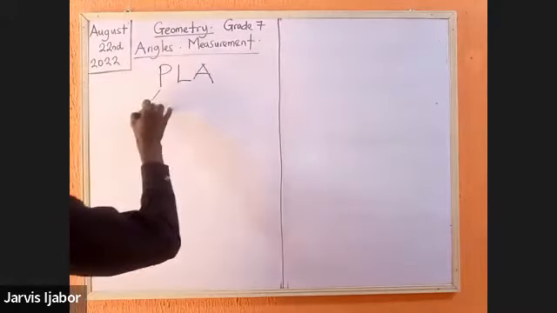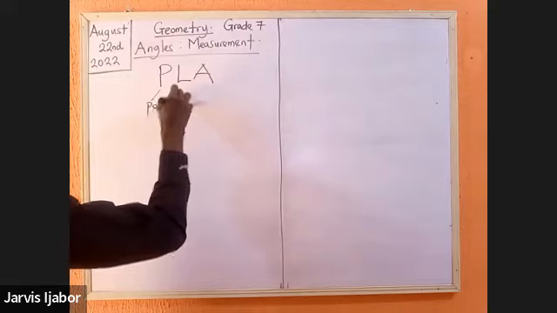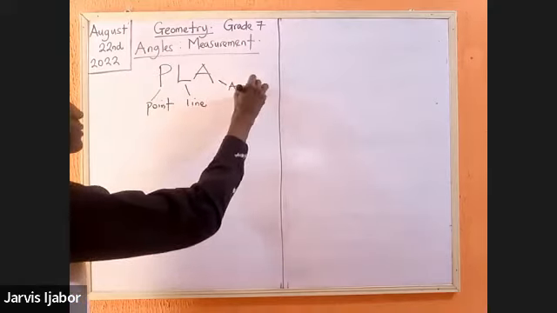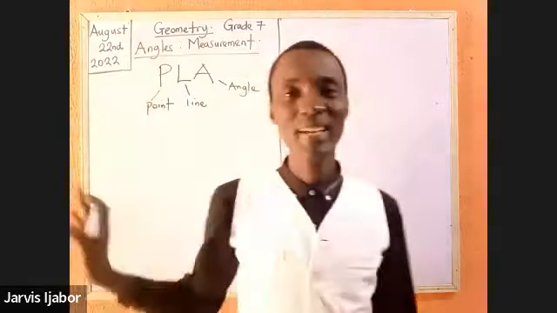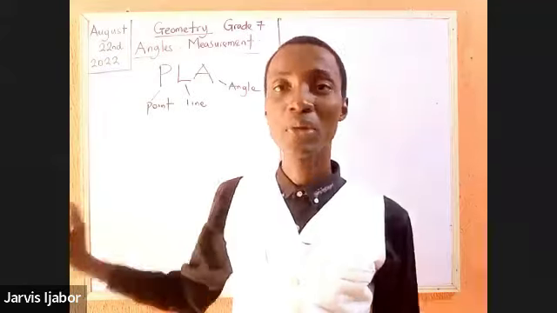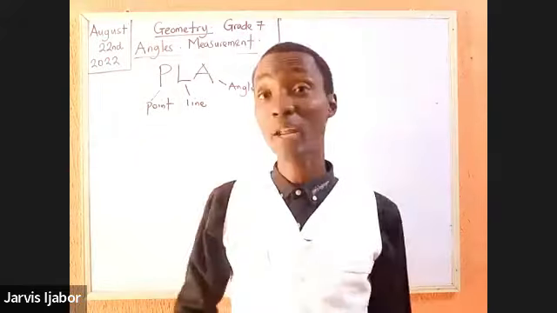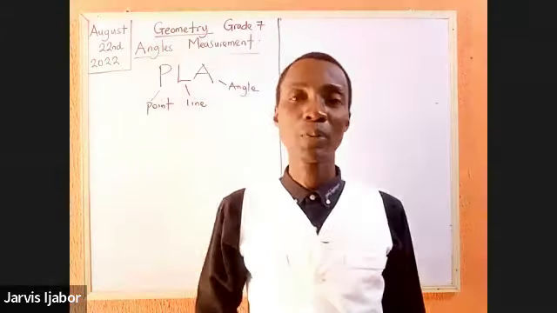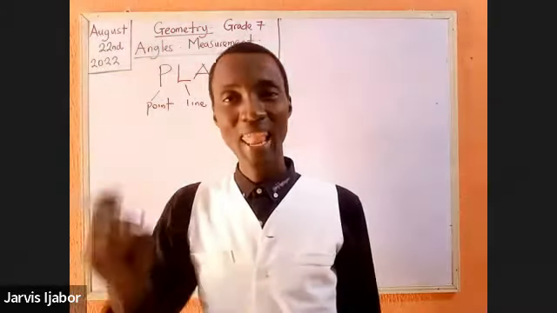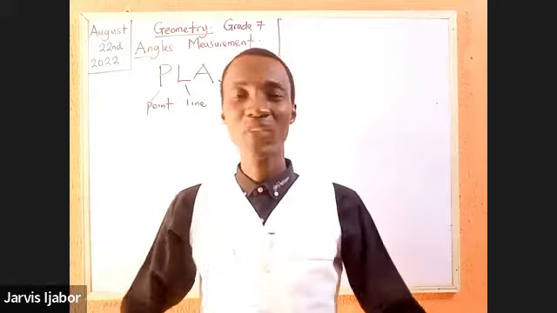Point, line, and angle. I wouldn't go in depth to explain it because I have a video I've done extensive work on. So I would attach the link after now, and I'll advise you to go to my playlist, check grade 10, formal geometry, points, lines, angles, and I think that will take care of that.